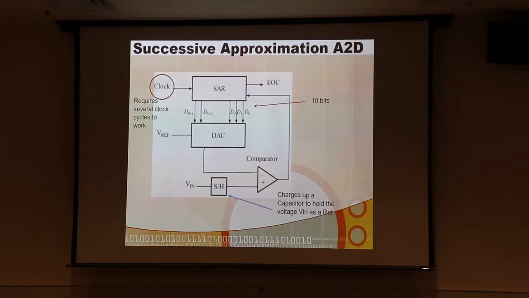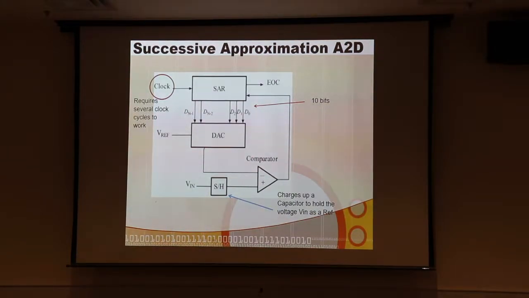Now, if we have this successive approximation register going into a DAC, so if I have a 10-bit DAC, and I set that 10-bit DAC to 1 0 0 0 0 0 0 0 0 0. Okay, what's the voltage that the digital to analog converter connected to my SAR register is going to output?